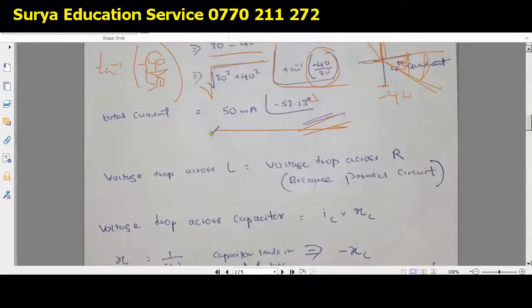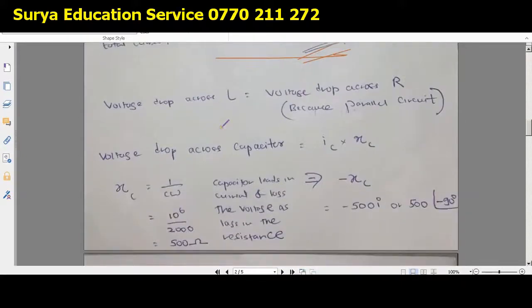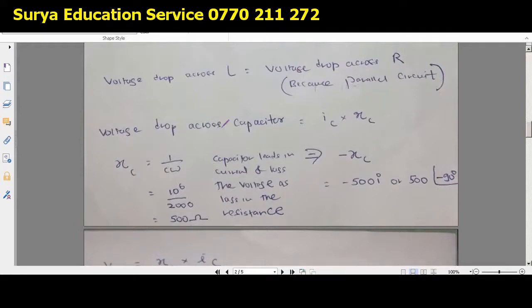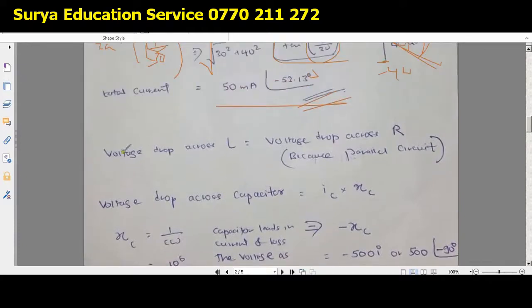So now we know the total current, right? So now how to find the total voltage drop? Because now we know the voltage drop across the inductor is the same as the voltage drop across the resistor, because you know, it is a parallel circuit, our resistor is there, our inductor is there, right?